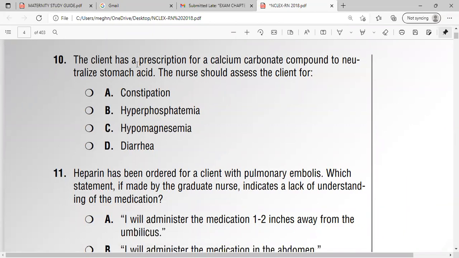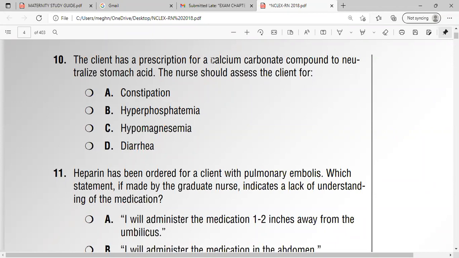A client has a prescription for a calcium carbonate compound to neutralize the stomach acid. The nurse should assess the client for what?